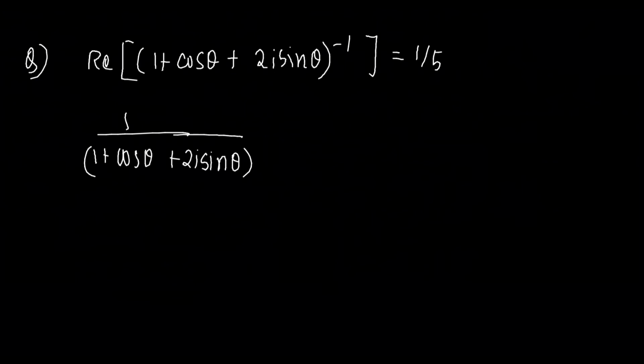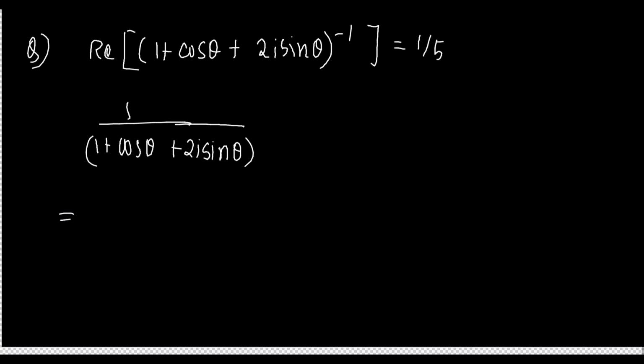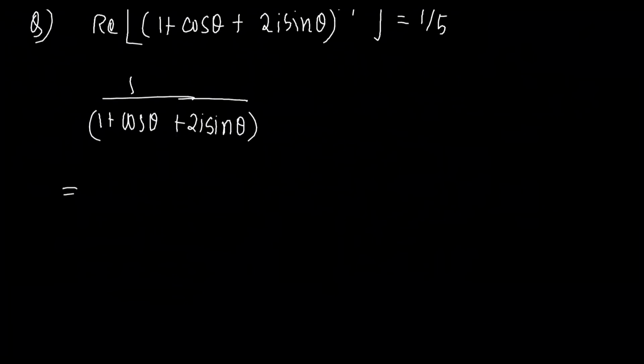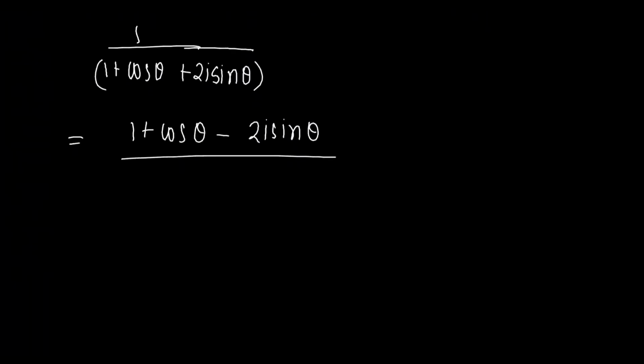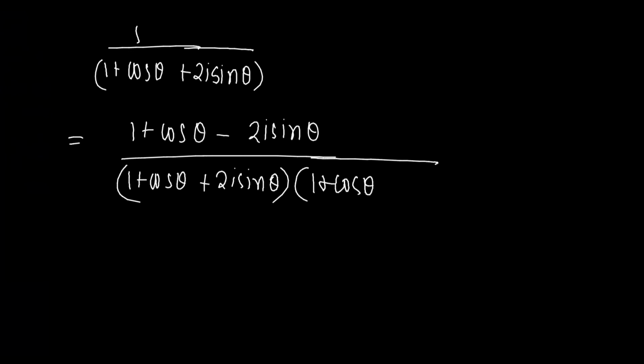We are given that in this expression the real part is equal to 1 by 5. Okay, so here what we will do now, in the first step we will multiply this with its conjugate. So what we will get is 1 plus cos theta minus 2i sin theta by 1 plus cos theta plus 2i sin theta into 1 plus cos theta minus 2i sin theta.